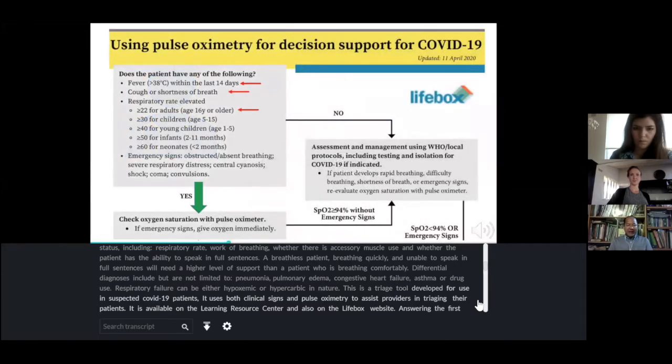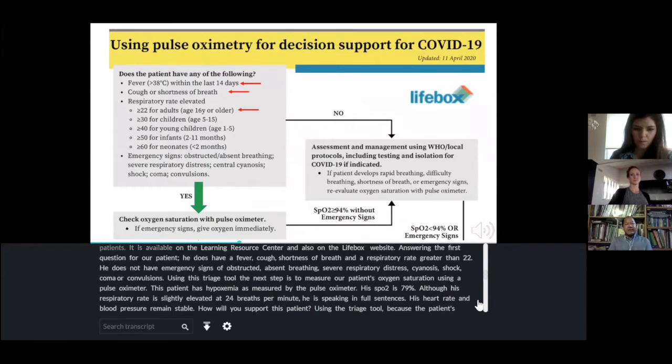This is a triage tool developed for use in suspected COVID-19 patients. It uses both clinical signs and pulse oximetry to assist providers in triaging their patients. It is available on the Learning Resource Center and also on the Lightbox website. Answering the first question for our patient, he does have a fever, cough, shortness of breath, and a respiratory rate greater than 22.